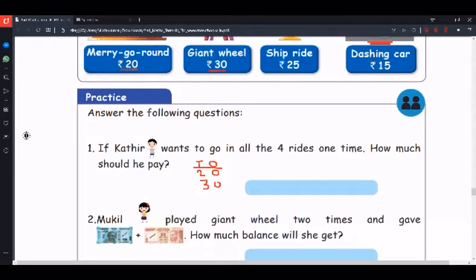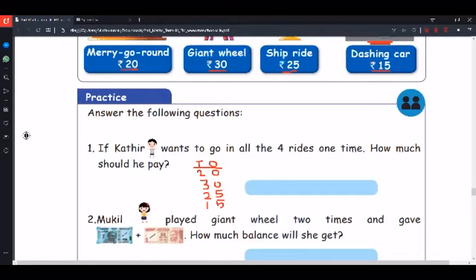The next one is ship ride, 25 rupees. The next one is dashing car, 15 rupees.